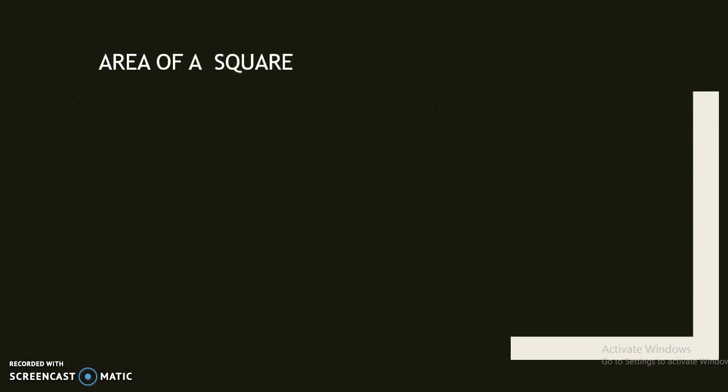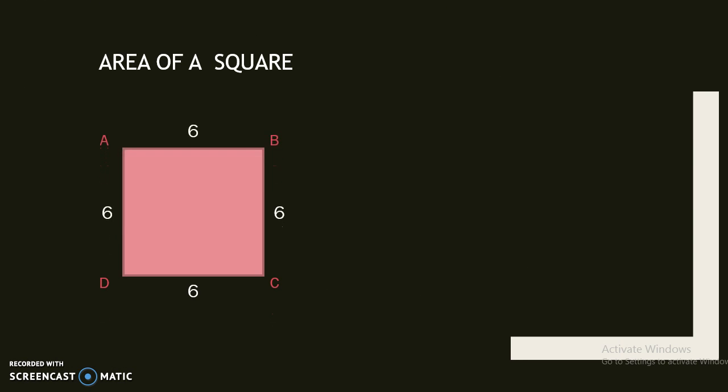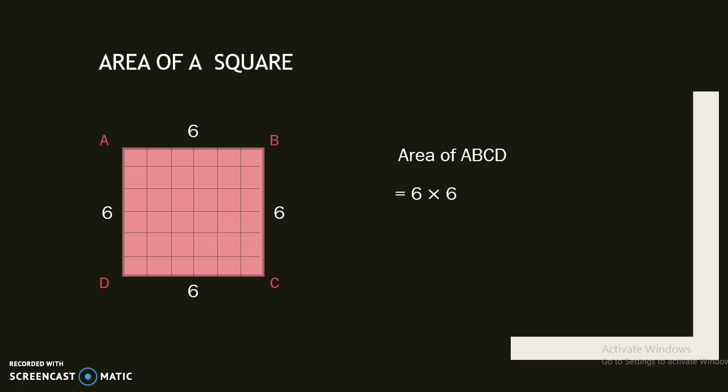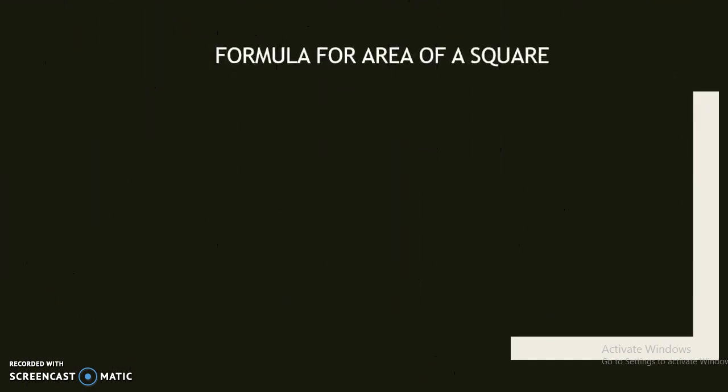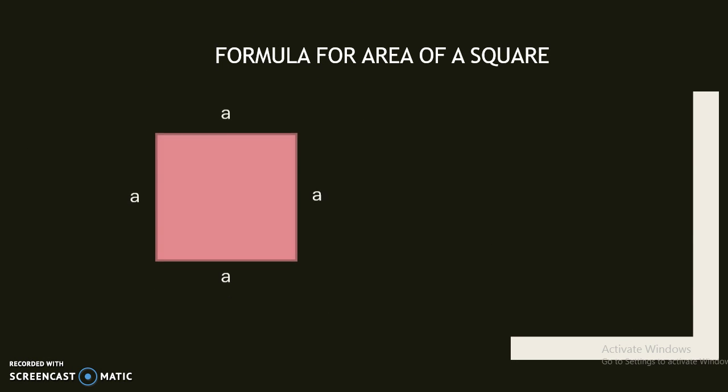A square with length of 6 on each side, divided into 6 columns and 6 rows of square units, gives 36 square units, which is the same as 6 multiplied by 6, equal to 36 square units. Thus, the formula for calculating the area of a square is A times A, or A squared.